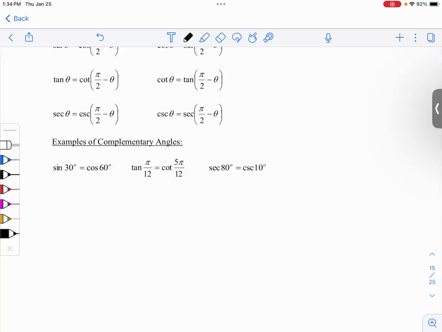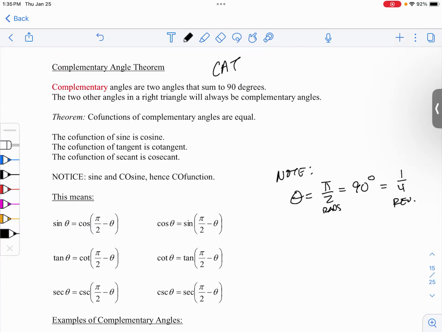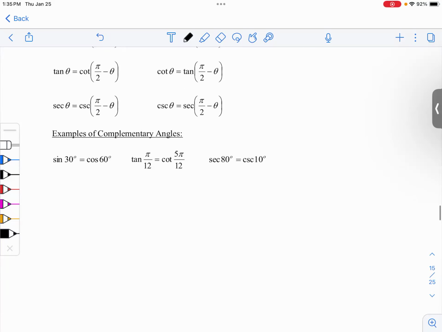Because when we add these up, pi over 12 plus 5 pi over 12 is how many pi over 12s? 6 pi over 12s. 6 pi over 12s reduces down to pi over 2, which makes it 90 degrees.